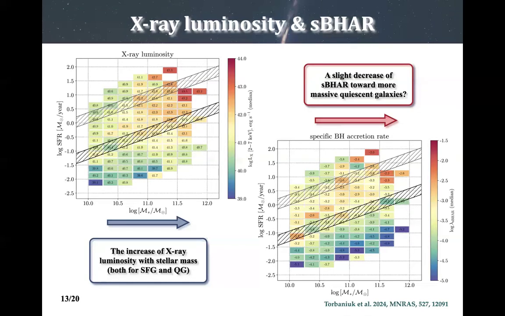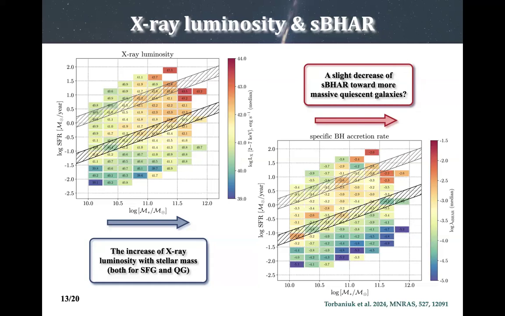There is a question from the chat. Very interesting results. Is there any chance that in massive systems, the presence of a relatively massive supermassive black hole is decreasing the star formation rate? Yes, probably, but I actually don't know if it's true or not.